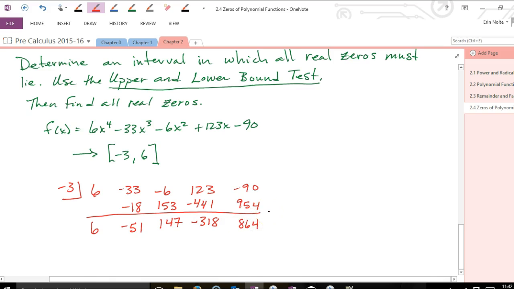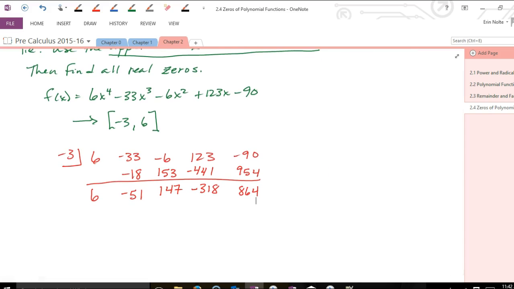So does anybody notice a pattern that has emerged from doing synthetic division? It's quite subtle.